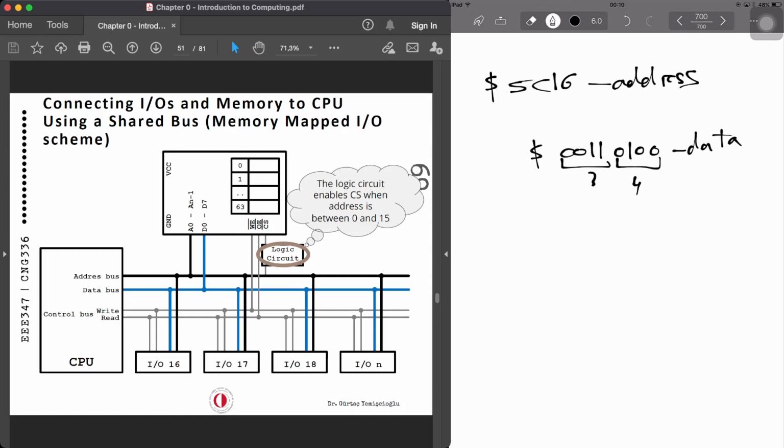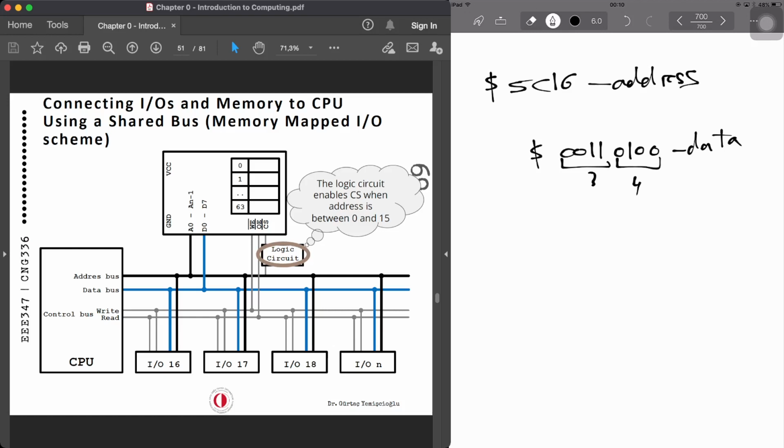Now, the data bus of the CPU is connected directly to the data pins of the memory, as you can see, the blue line. And the control signals, like read or write, are connected to the CPU control signals, as you can see. In the case of the address bus, while the lower bits of the address from the CPU go directly to the memory chip address pins, the upper ones are used to activate the chip select of the memory.